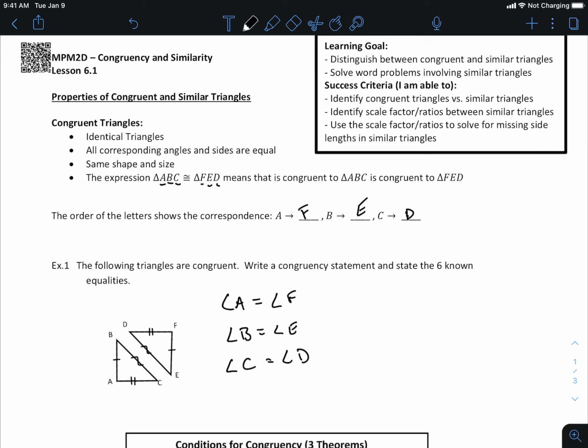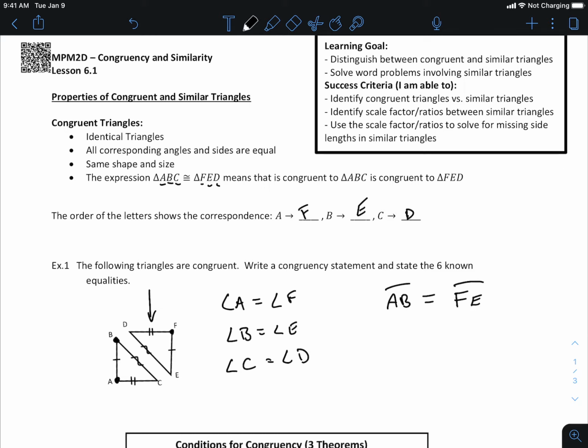If we look at these triangles specifically here, you guys maybe know how to write line segments as a formal thing that you can recognize, but here's how you would write a line segment. A line segment is created by 2 points, which we already know from our linear section. But we can call that line segment AB. Okay? Line segment AB corresponds with, or is equal to, line segment FE.